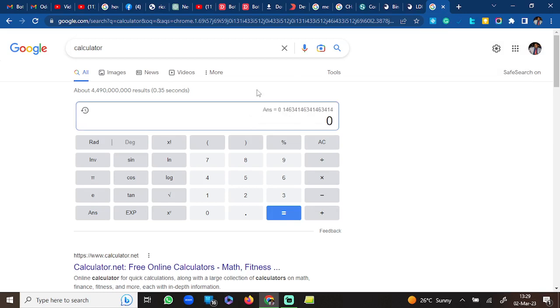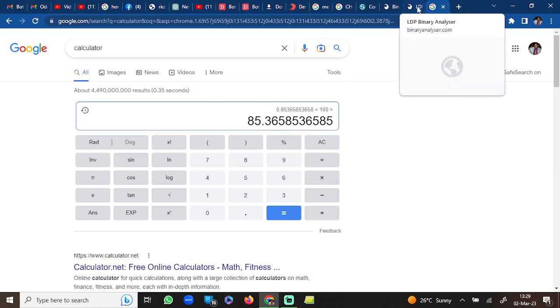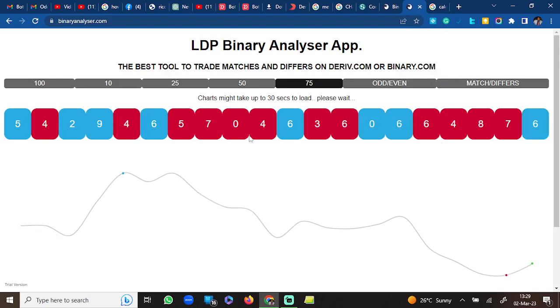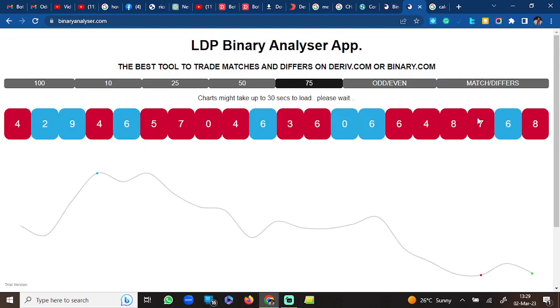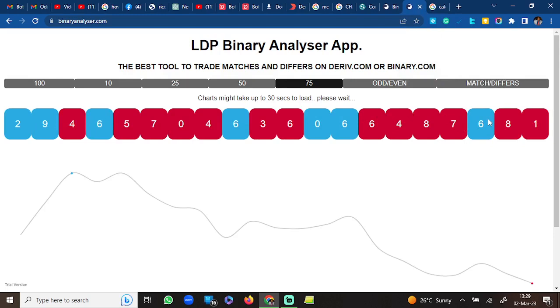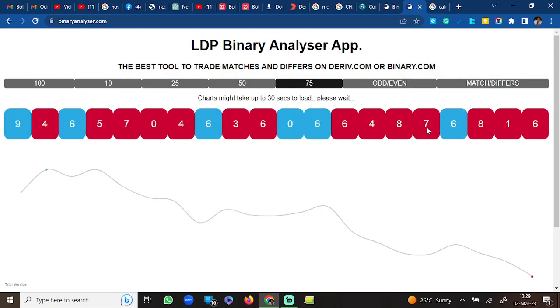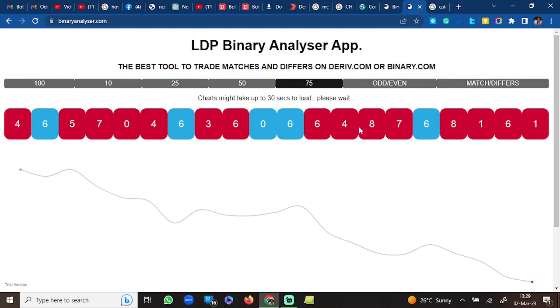Win rate is 35 divided by 41. Then we convert that to a percentage to see the win rate. 85% win rate. So that is okay, because we did the analysis and looked at the number that is not appearing the most. And you can see the one is still not appearing. It's just coming once, then disappearing. So that is the number you go for.